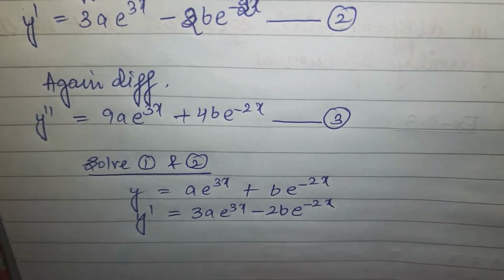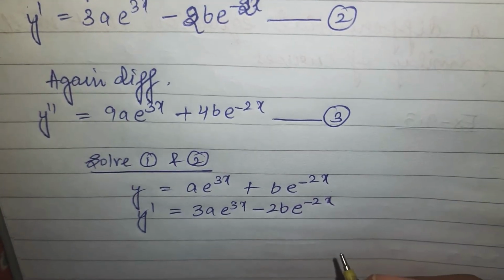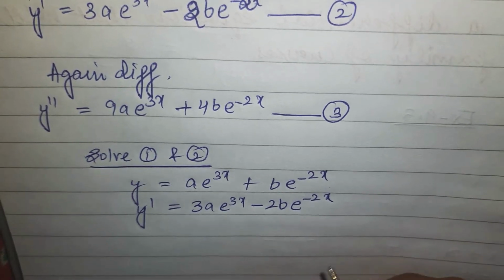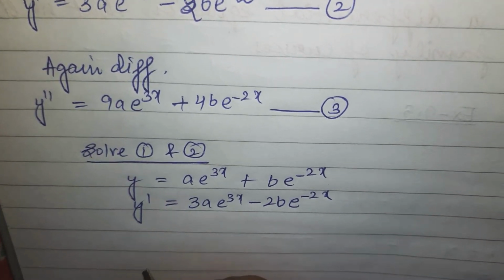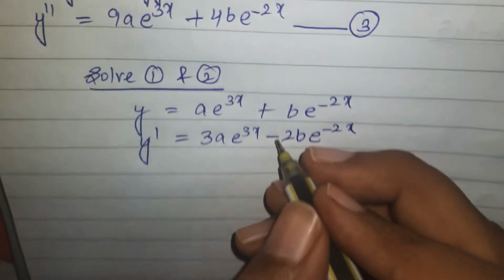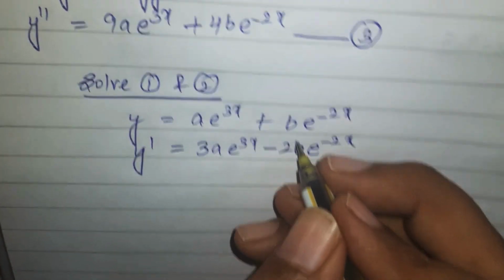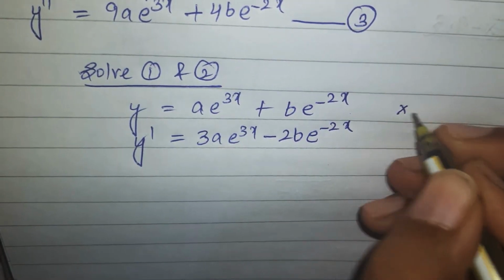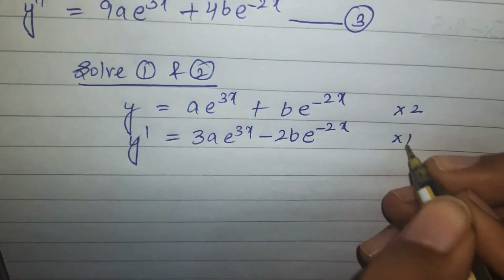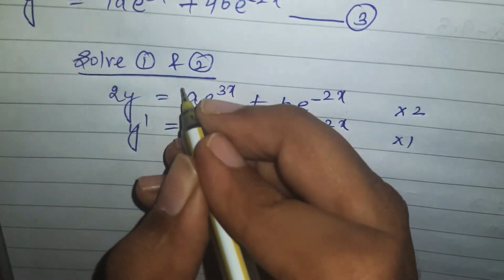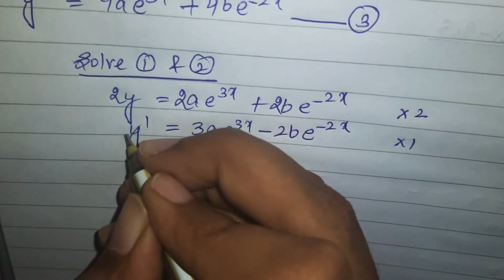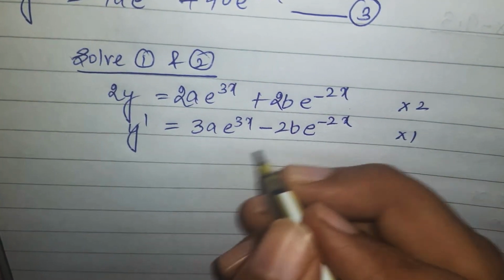If I want to subtract, can we do it like this: multiply the whole equation by 2 and this by 1. So this will become 2, 2, 2 and this will remain the same because I am multiplying with 1.